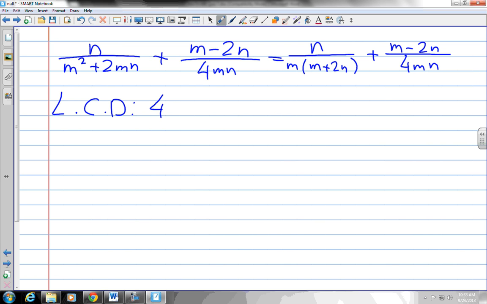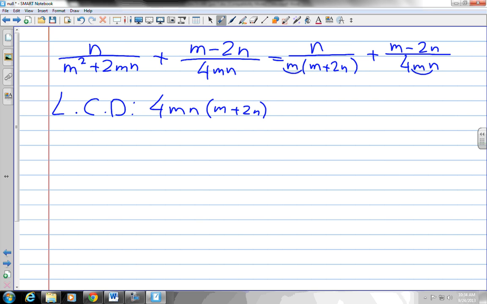The first denominator has an m, and the second denominator has an m. But I just need one m in my LCD because I just take the highest powers. Then I see an n, I need n, and I see m plus 2n, I need m plus 2n. So again, you just group everything together without relisting same factors more than once.